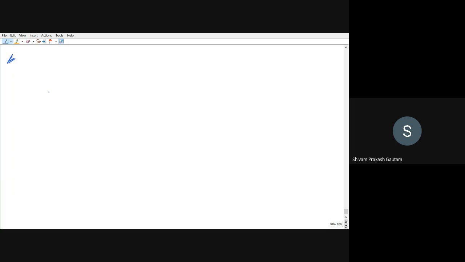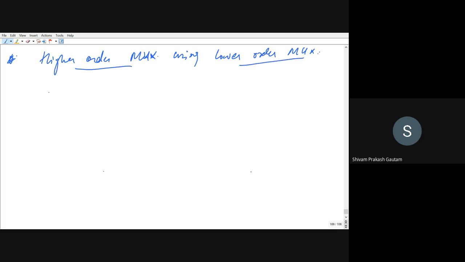Now we will be generalizing this. Implementing a higher order multiplexer using lower order multiplexers. That means if you want to implement a higher order multiplexer by using lower order multiplexers, how can we proceed?